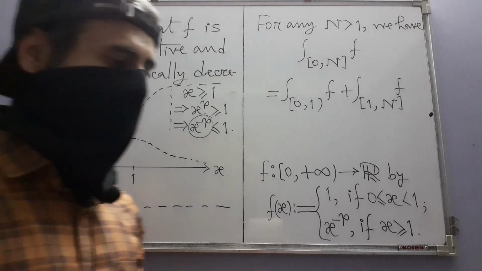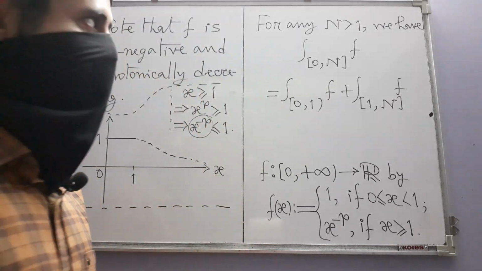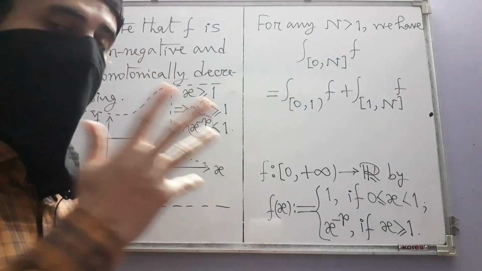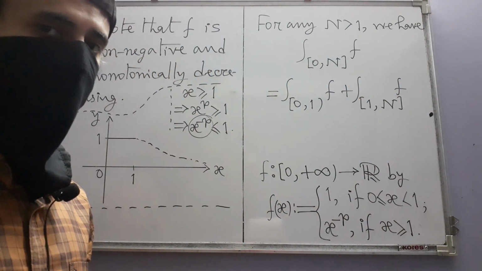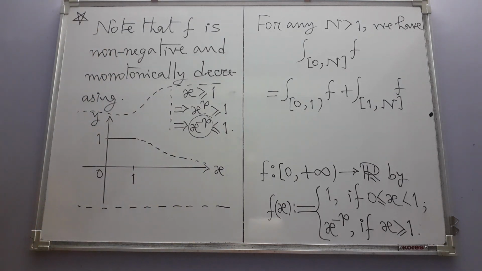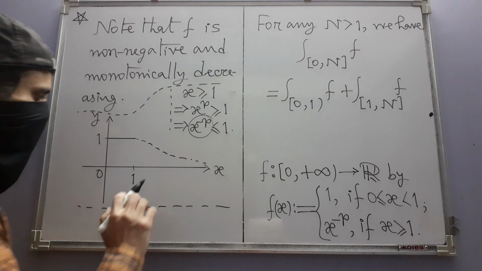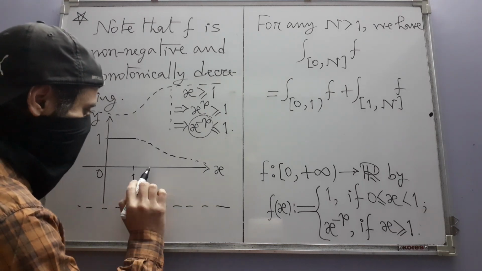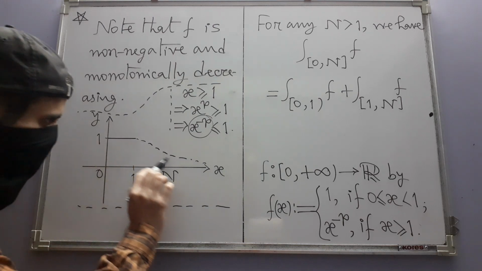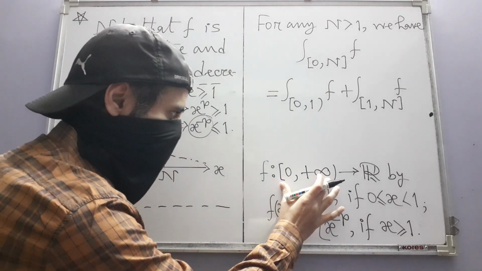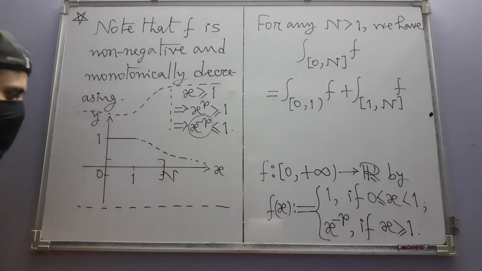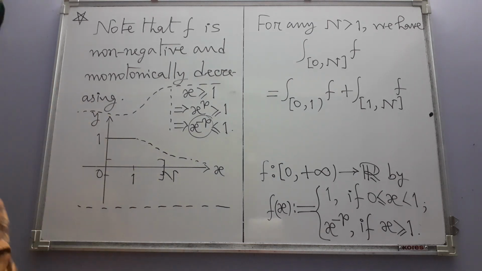Oh, and one more thing. How do we know that this integral actually even exists? Well, that is coming from the fact that f is monotonically decreasing. So you just see where n will lie. n lies here somewhere. Because f in general is monotonically decreasing on this domain, obviously if you restrict yourself between 0 and n, there also it's monotonically decreasing.